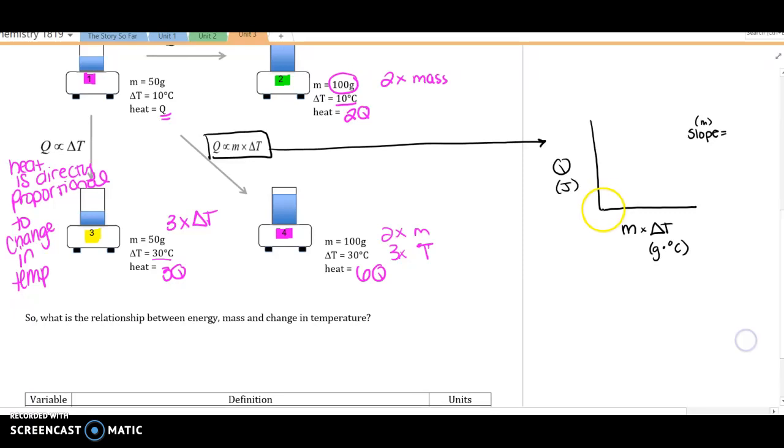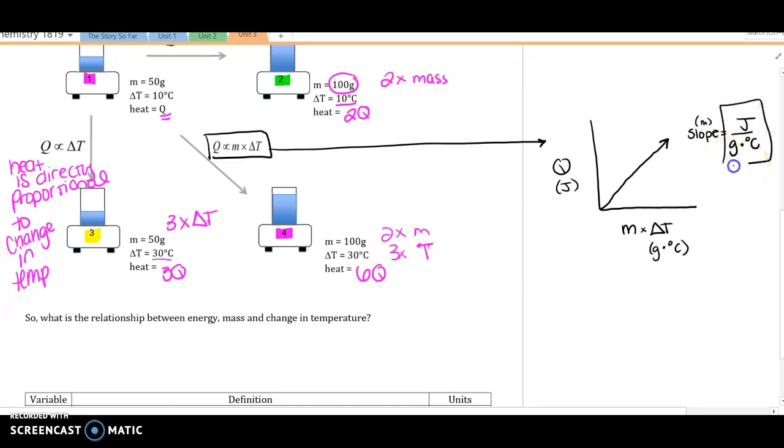So if there's a direct relationship, if we were going to graph those two values on a graph, we would find that that line would be a direct positive slope. So when we look at the slope of that line, we can predict the units of that to be y over x, joules divided by grams times degrees Celsius.